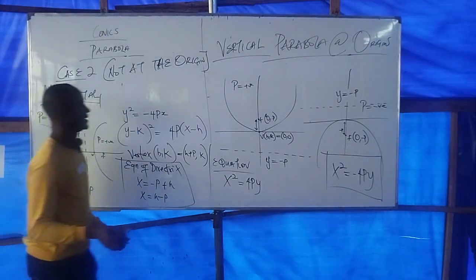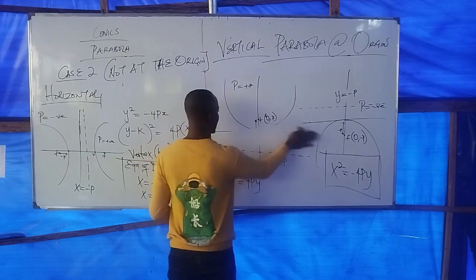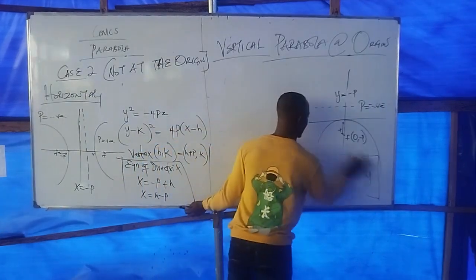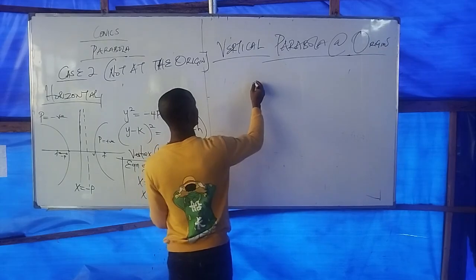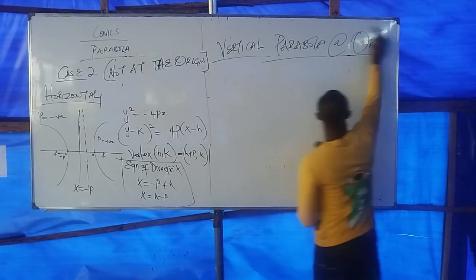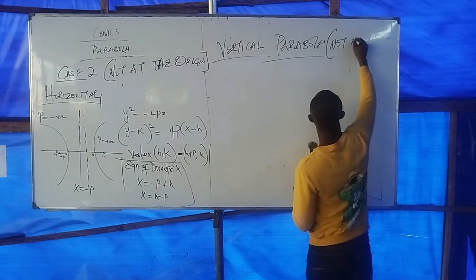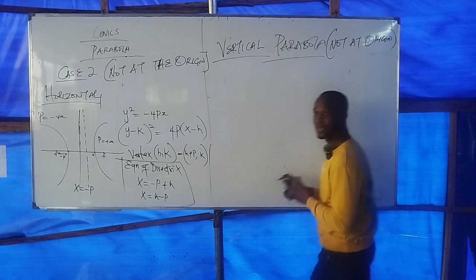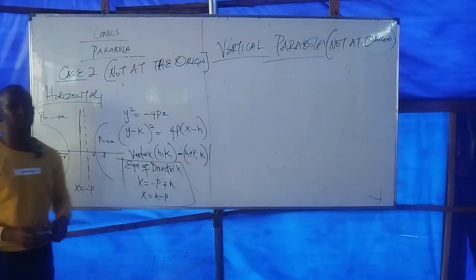Now I've defined a lot of things here. For a vertical parabola, for instance, if we have a parabola not at the origin, this is a very simple case.